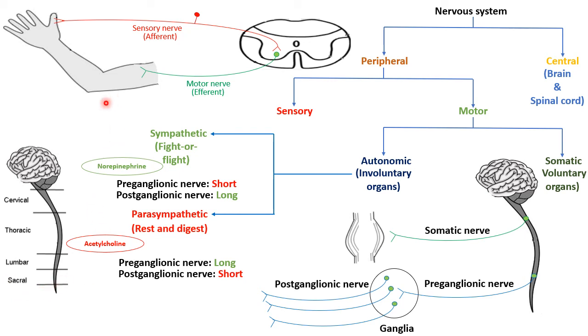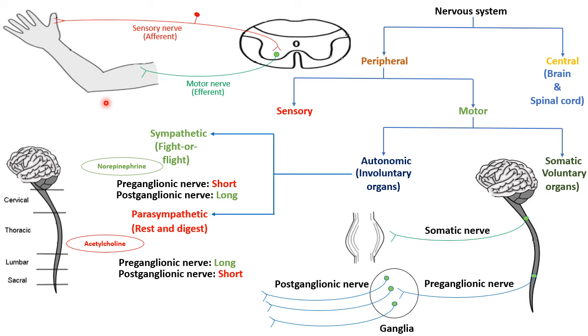To remember from which segments our sympathetic nervous system originates, we have to remember something relating to sympathetic. Sympathetic comes from sympathy, and sympathy comes from the heart.